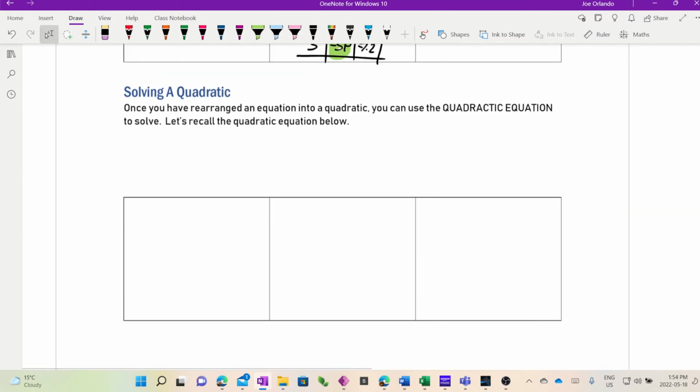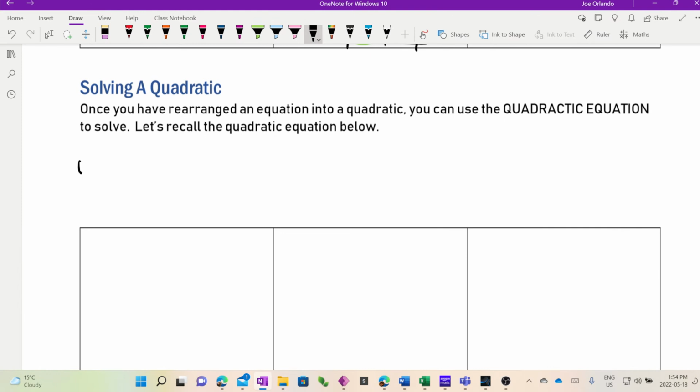Now, how to solve a quadratic? We'll take it up tomorrow. Where ax squared plus bx plus c equals 0, there is an equation to solve for x. If you're interested in seeing a proof of it, I'd be delighted to show you.